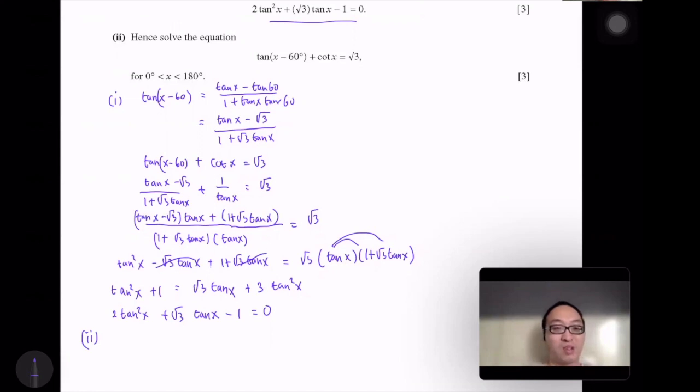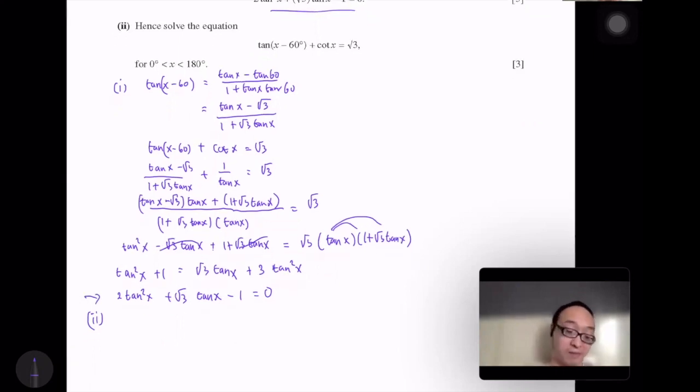For the second one, solve the equation for x between 0 and 180. We can just solve this quadratic equation using the quadratic formula.